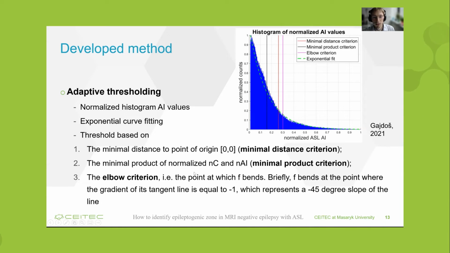We identified the elbow point where the exponential curve bends. And we identified the minimal product criterion as a minimal product of normalized counts and asymmetry indices, here marked with a black line.